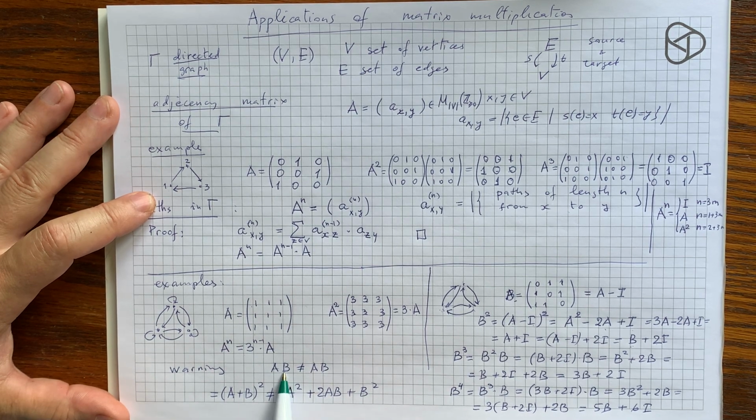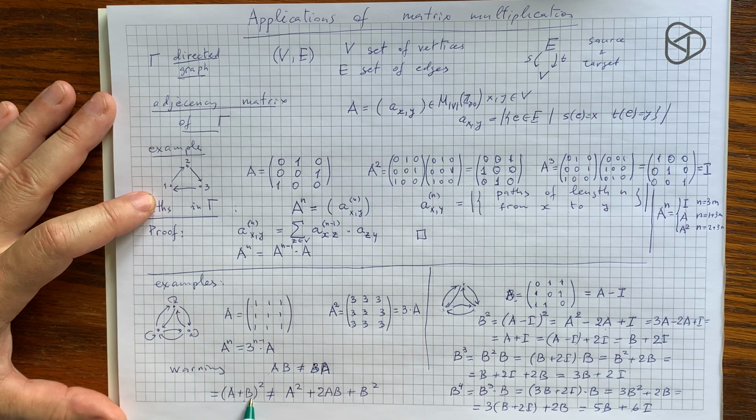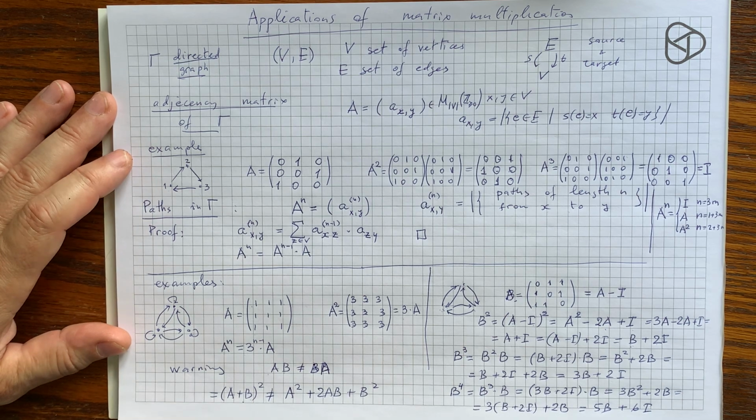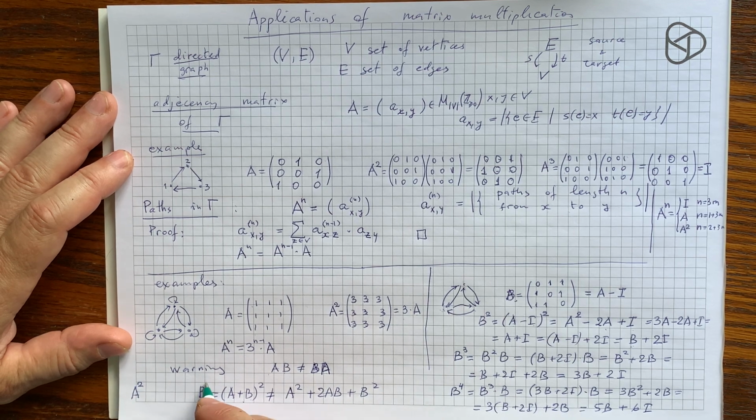Instead, if AB and BA are different, and we distribute the sum again, we will have a slightly different expression.